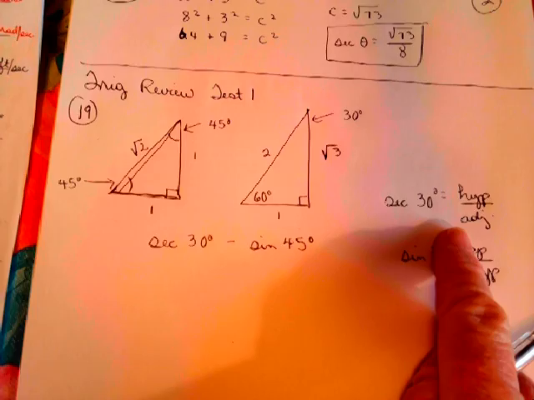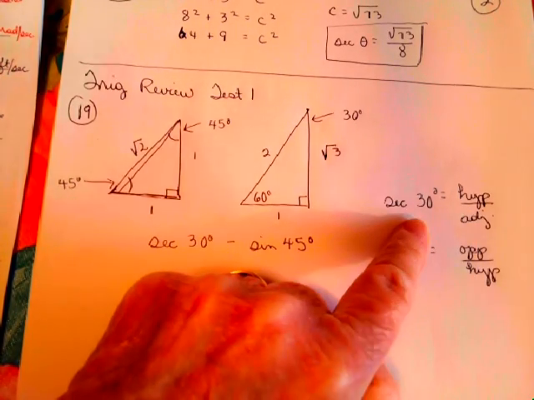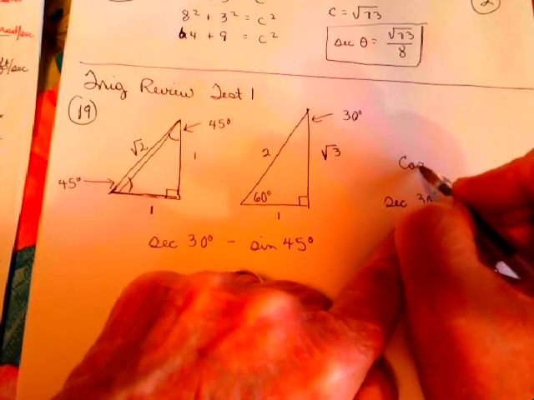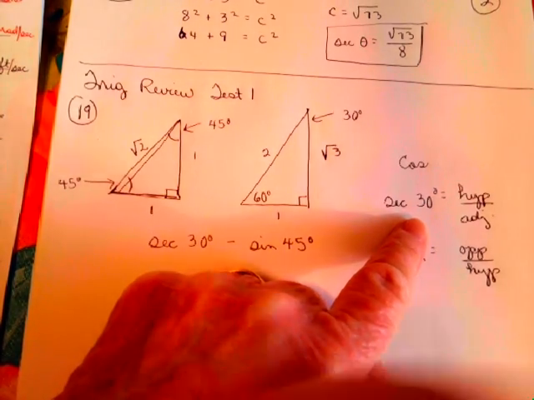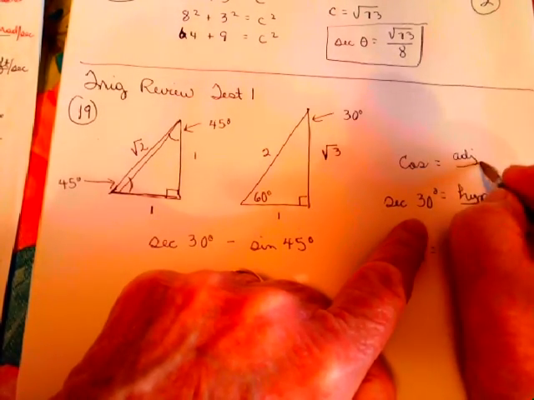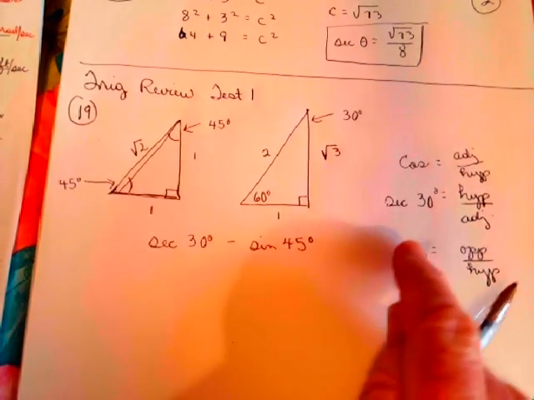You have to think about how the 6 trig functions work. We know that cosine equals adjacent over hypotenuse. That's why we know that secant is hypotenuse over adjacent.